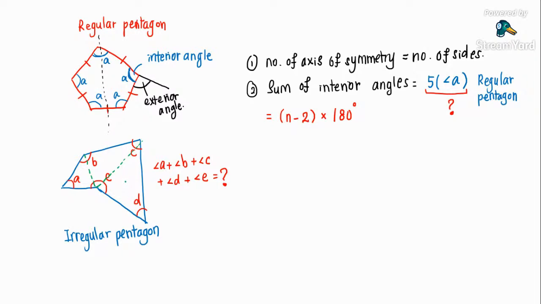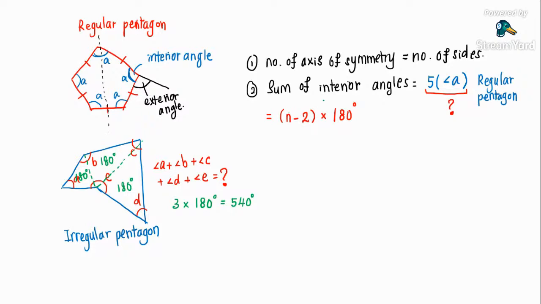And we all know that the sum of interior angles of a triangle is 180. So I have 180 over here, 180 over here, and the third 180 in a 5-sided polygon. Which means, to find the sum of interior angles, I just take 3 times 180 degrees, which equals 540 degrees.